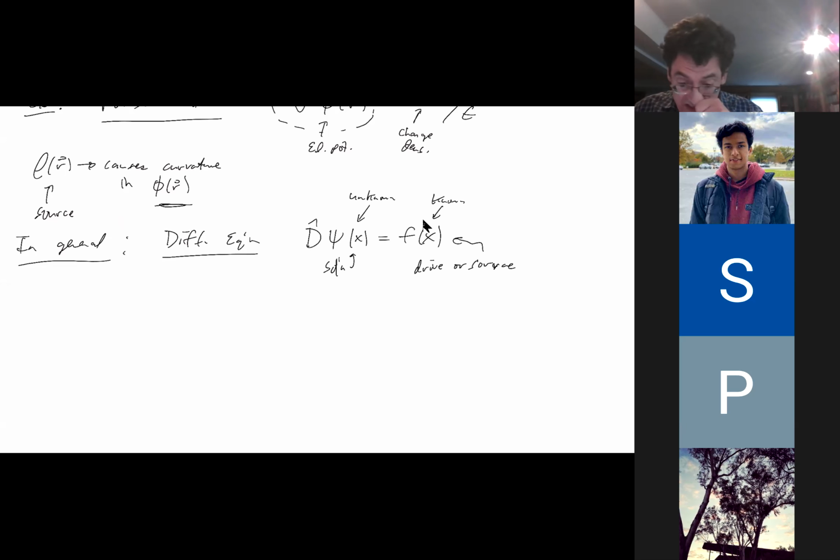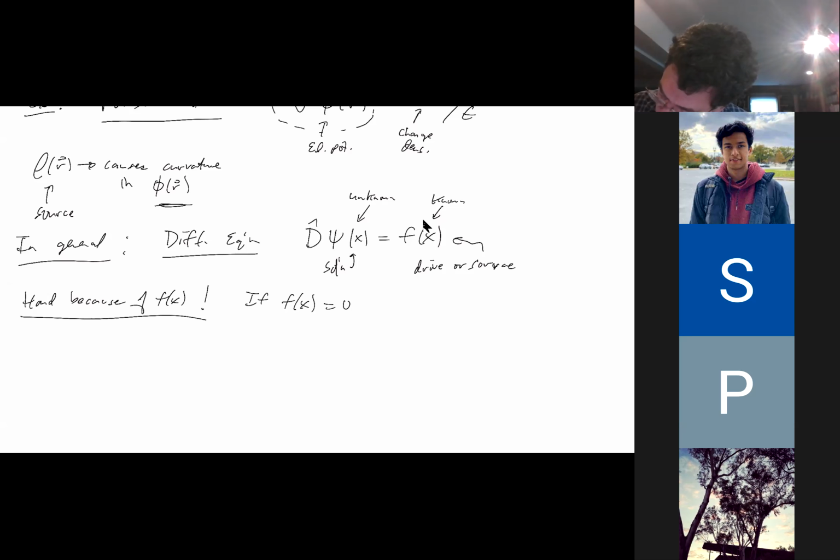And so the way to solve it is you look at this and you say, well, this is a hard problem to solve. And what makes it hard is this function, f of x. Because typically, if f of x equals 0, then we have a homogeneous differential equation, and that's easier.